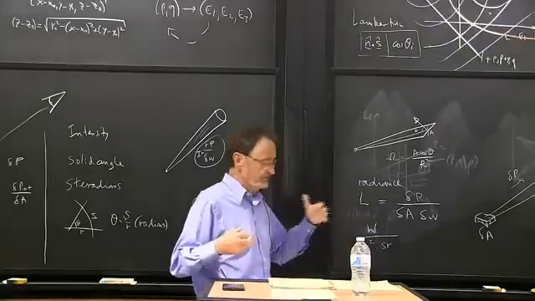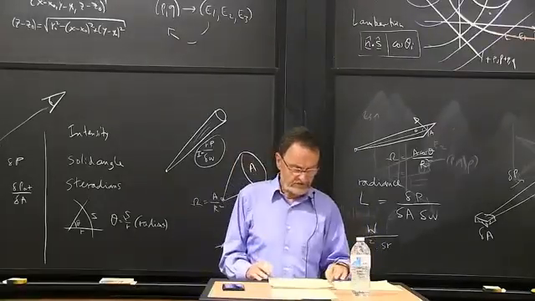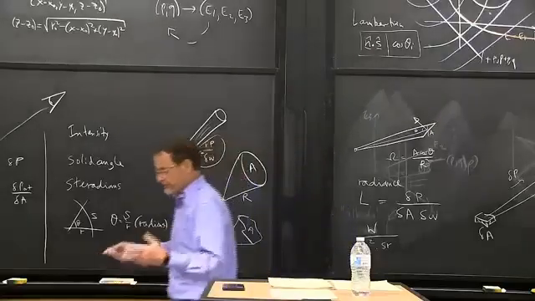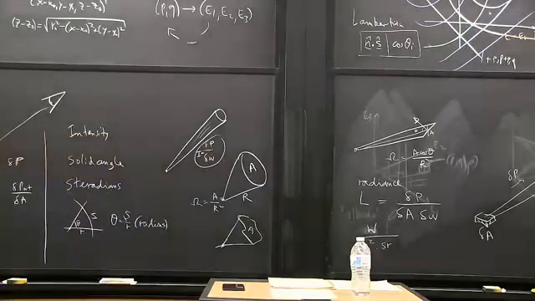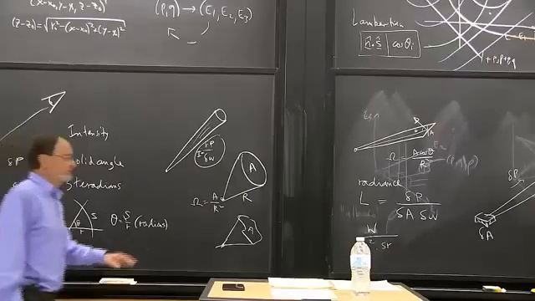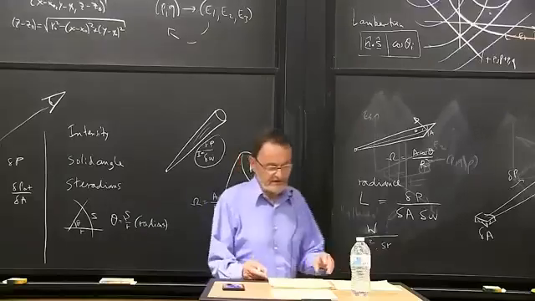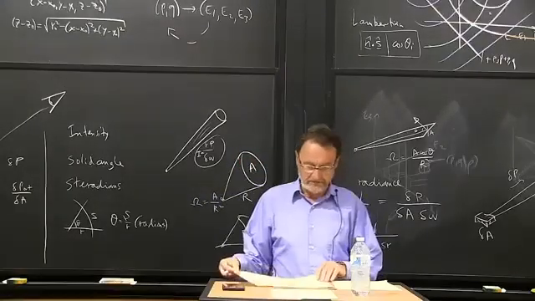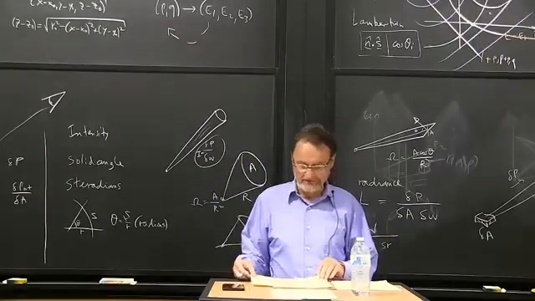Okay, so I want to relate those two, and what we're going to end up showing is that they're proportional to each other, and therefore we can be sloppy. We can call both of them brightness, as people actually usually do. And so once we've defined being careful about the terminology, we can justify being sloppy about the terminology.